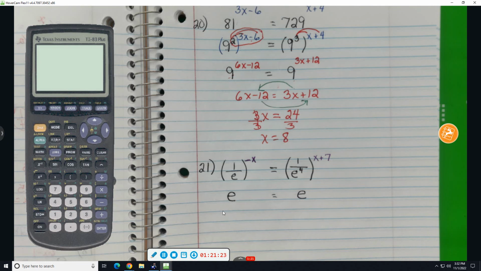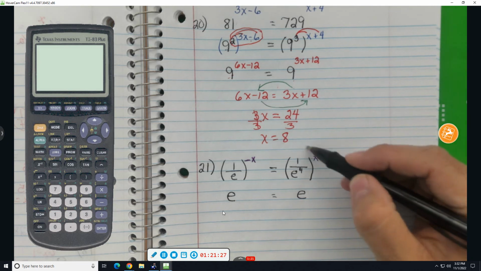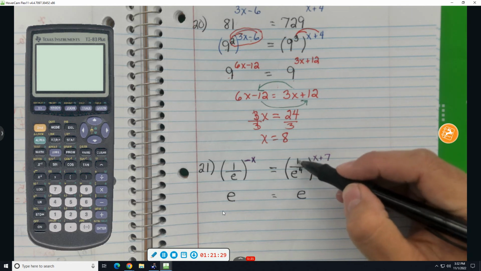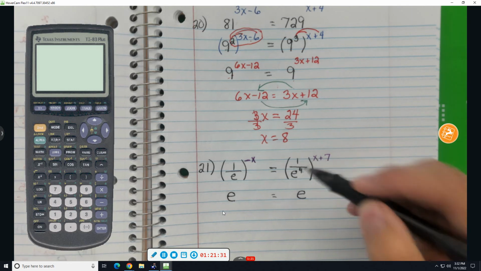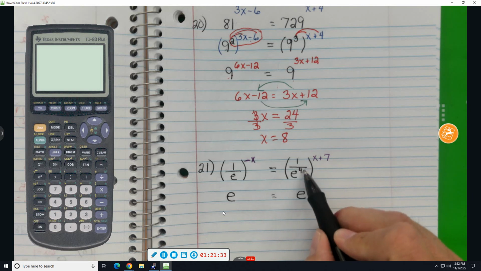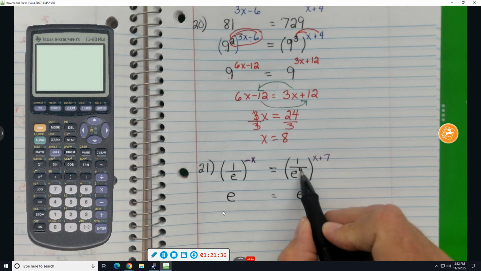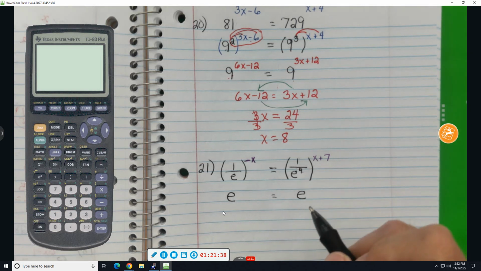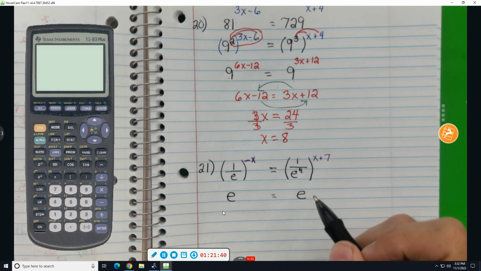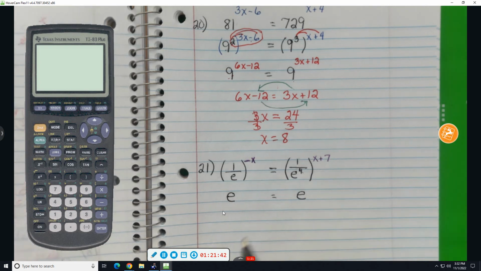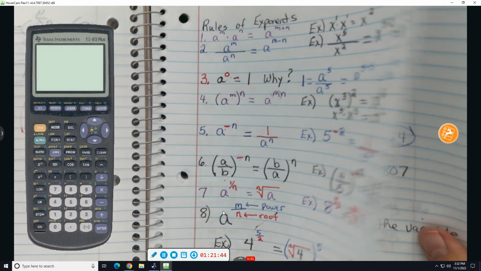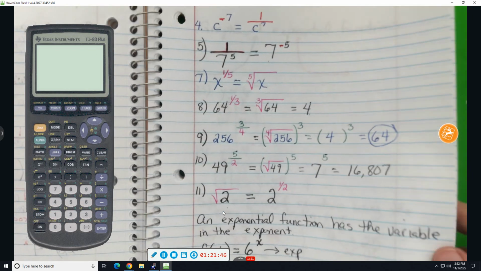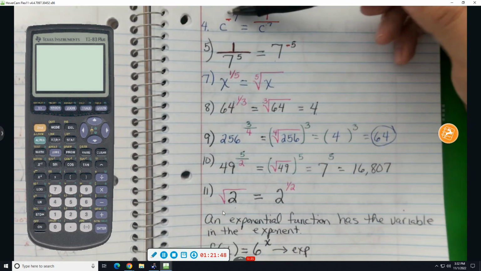It might be easier to see this if we start with the right-hand side. Let's write 1 over e to the 4th without the 1 over. What will I have to do to that 4 to get rid of that 1 over? That's what we were doing earlier.